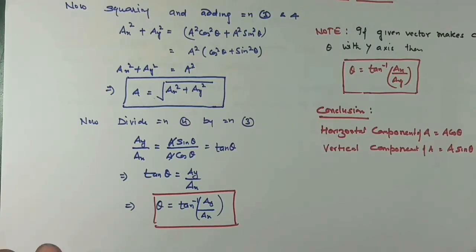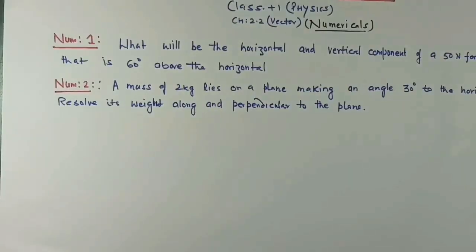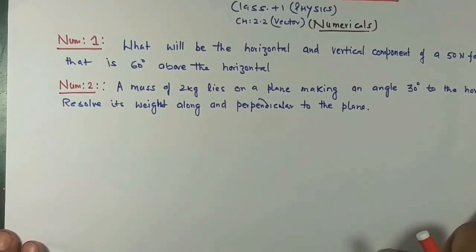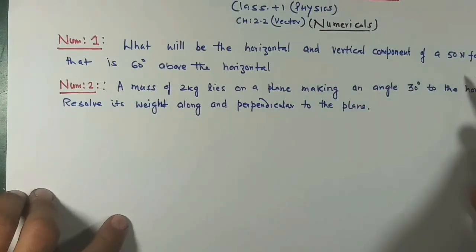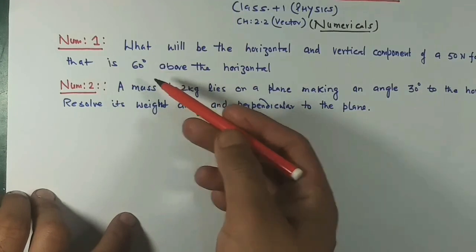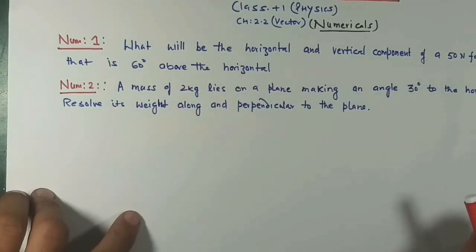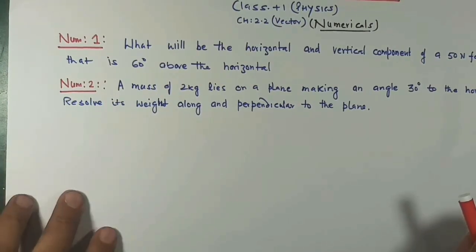Now let's do some numericals related to this. Here the numerical 1: what will be the horizontal and vertical component of a 50 Newton force that is 60 degree along the horizontal? Clear?